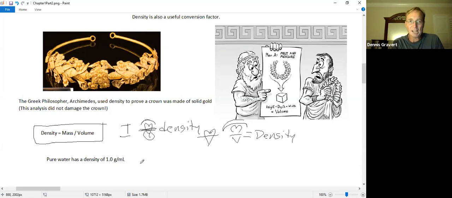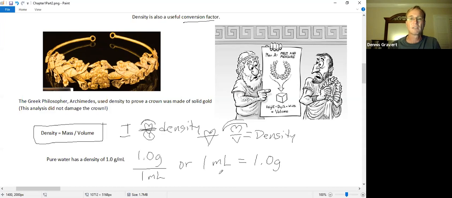Let's see what else you need to know. Oh, it's a conversion factor. What does that mean? Well, the density of water, let's keep using water as an example, is 1 gram per 1 milliliter. Or if you have 1 milliliter of water and it's pure water, then you know you must have 1.0 grams of that water.